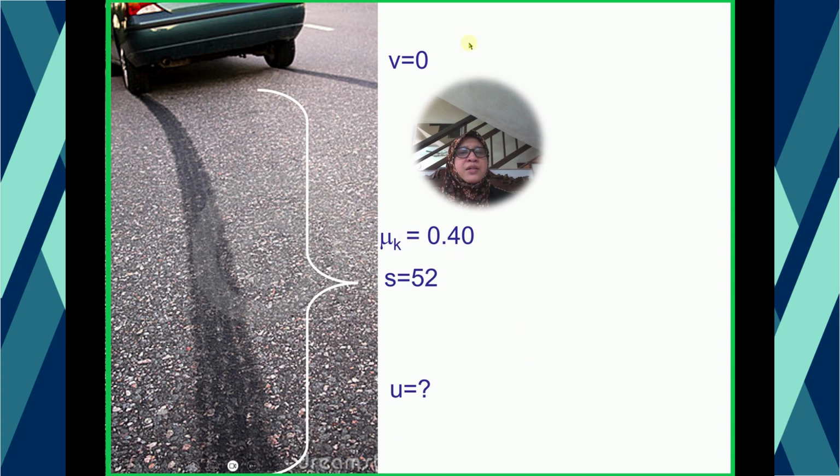At final, the final speed is 0 because after some time the car stops. So v is 0. From here we can use the linear equation. We choose v squared equals u squared plus 2as. But we don't know a, so we need to find a.